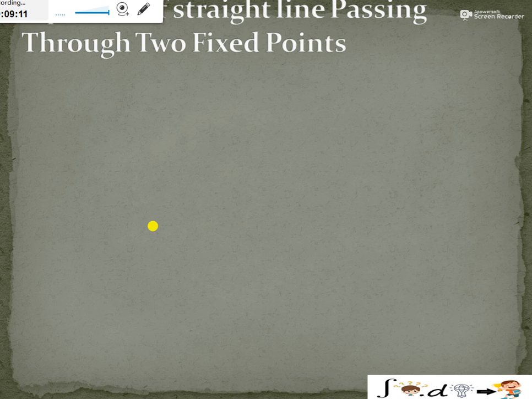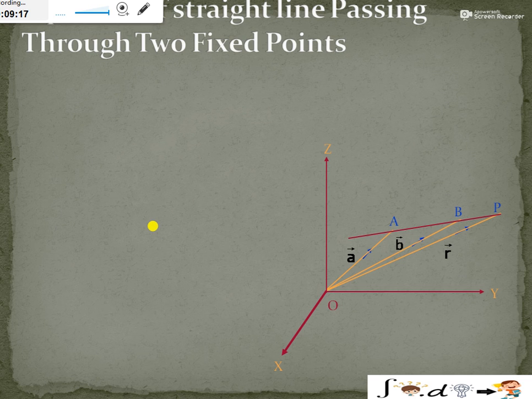And now we have the line passing through two fixed points. Here the two fixed points A and B, whose position vectors are vector A and vector B, and P is the position vector of any point on the line. As you see, the direction of the line will be the AB vector, because A, B and P lie on the same line.